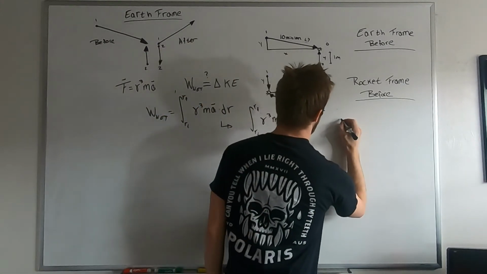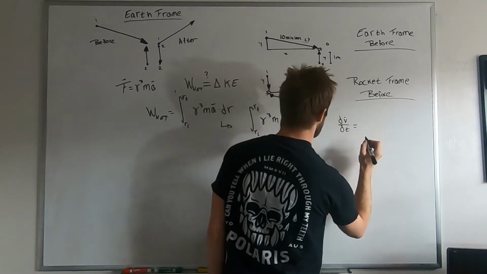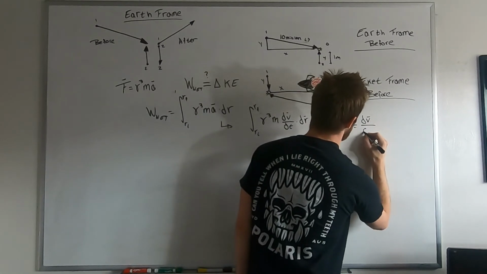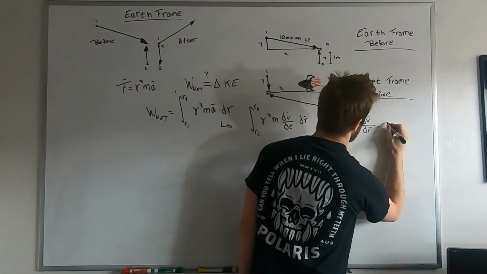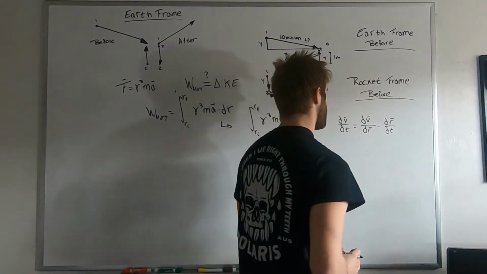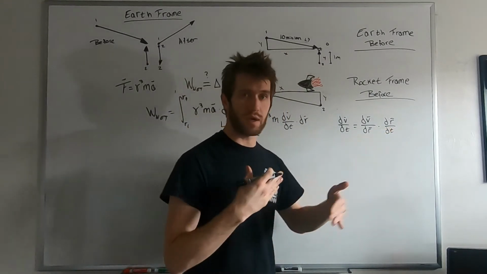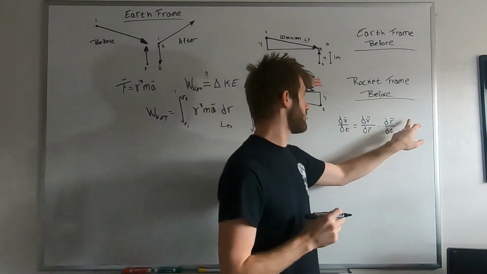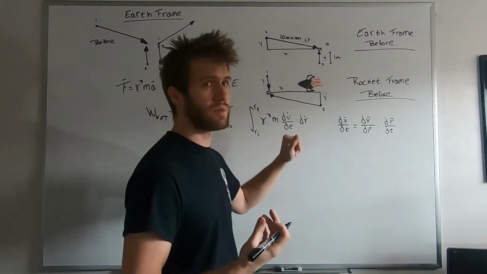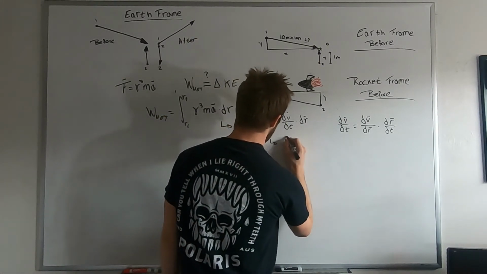So we're just going to have dv over dt is equal to dv over dr times dr over dt. Great. You can see how this is identical to this, if you just do the cross cancellation here between our positions, so that ends up giving us the same thing. Therefore, we can just substitute that in because it's equivalent. So now we're going to have some integral.